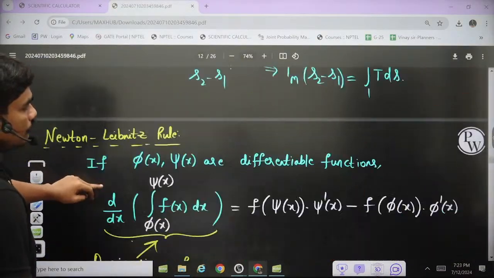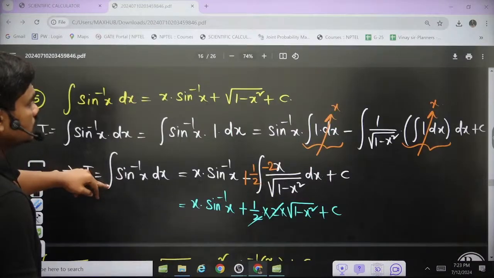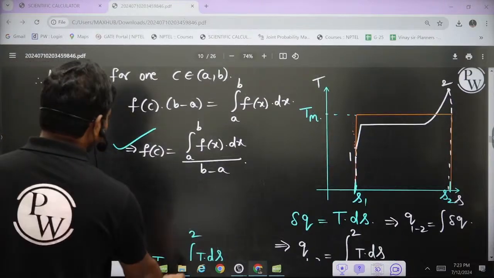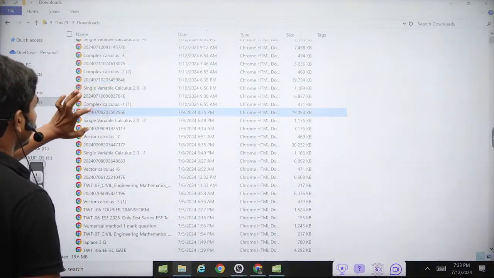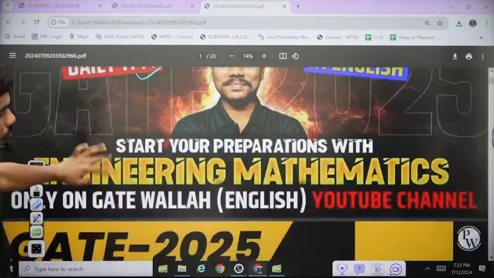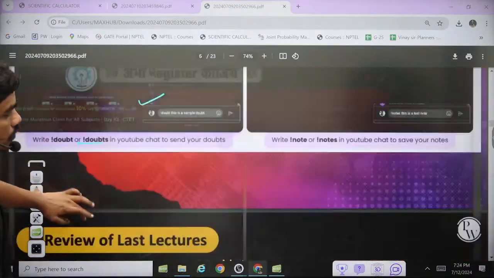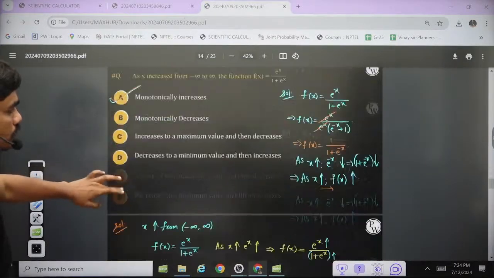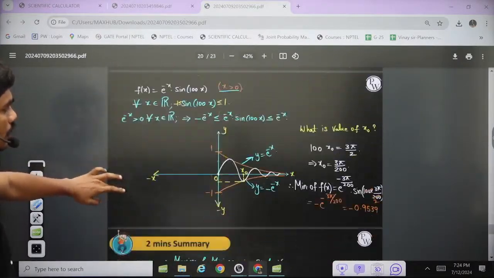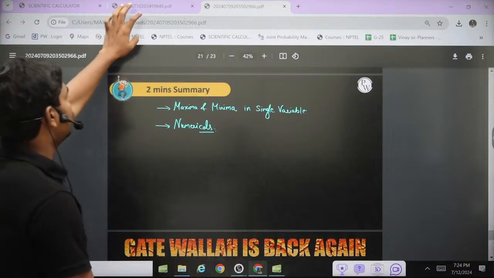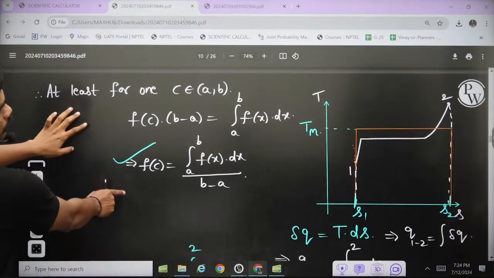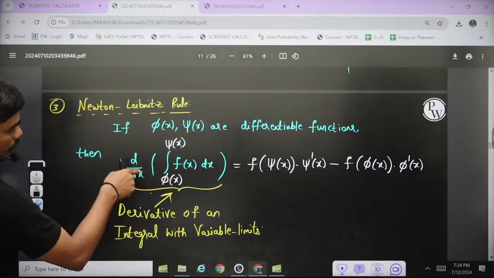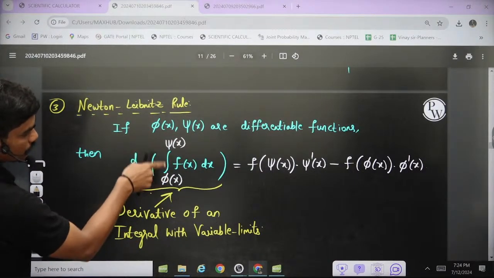So if you see, I have taught you something called the Newton-Leibniz rule, one lecture before maybe. This is the mean value theorem of integration, and yeah, here it is. You can see Newton-Leibniz rule I have taught, and differentiation of a function when the limits are integral limits.